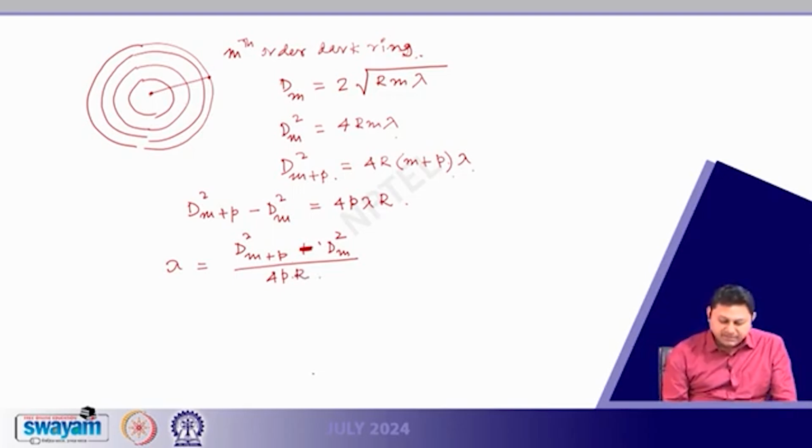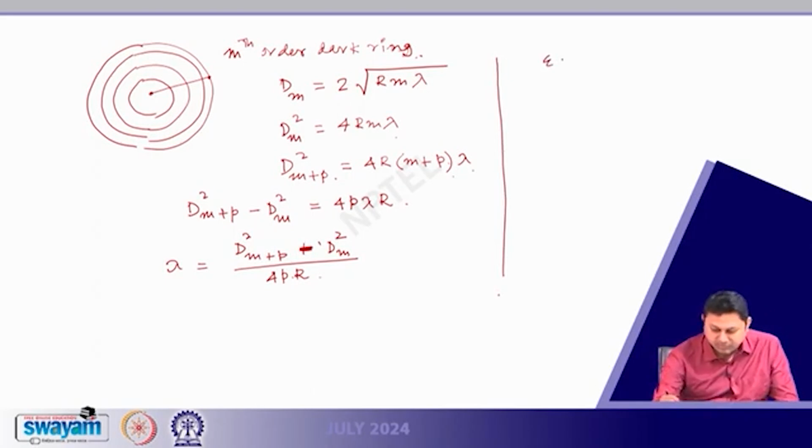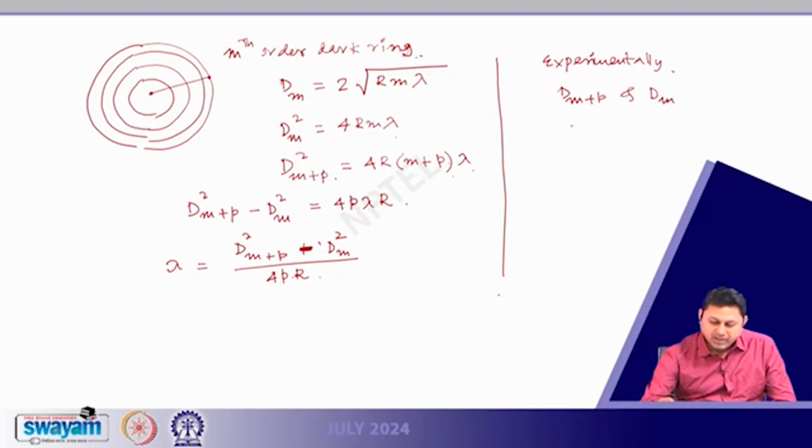Now, what do we measure experimentally? Experimentally dm and dm plus p can be measured, where the value of p is also known.